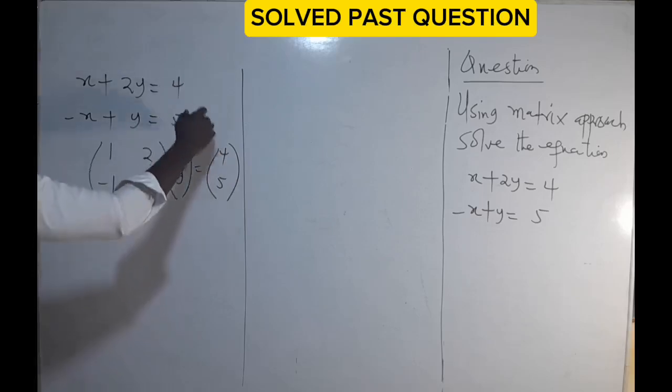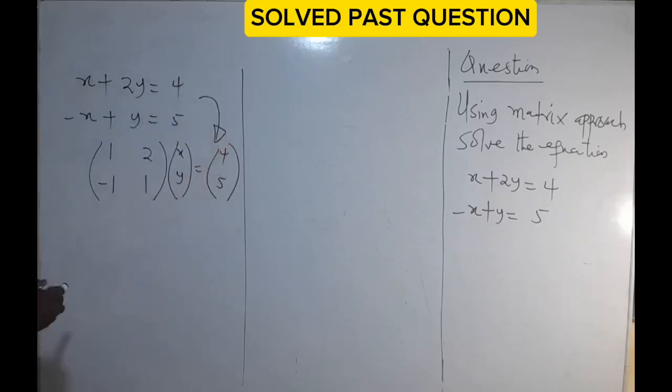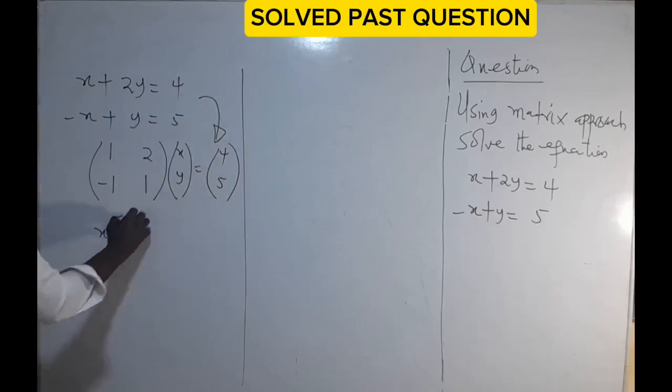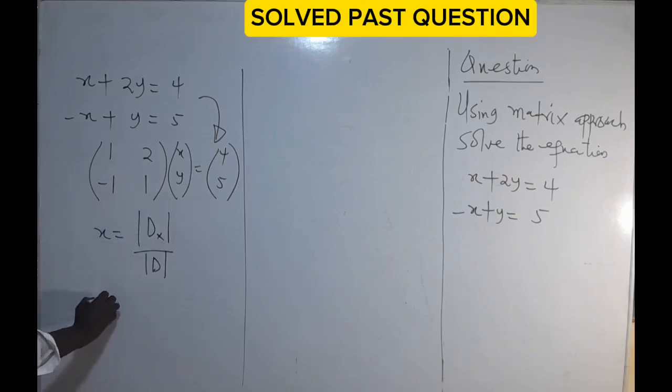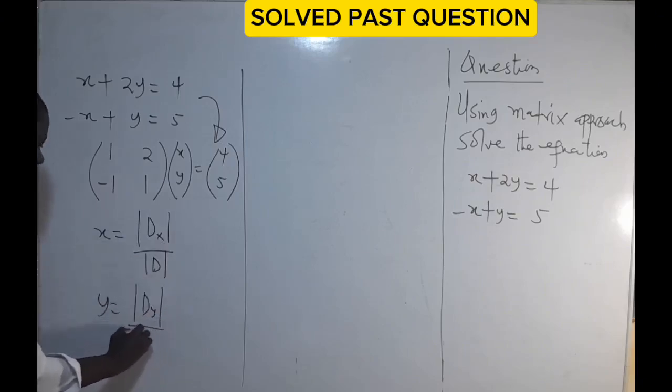So this can be expressed in the matrix form as this. Now, if you have to find x, x will be the determinant of dx over the determinant of d, and y will be the determinant of dy over the determinant of d.